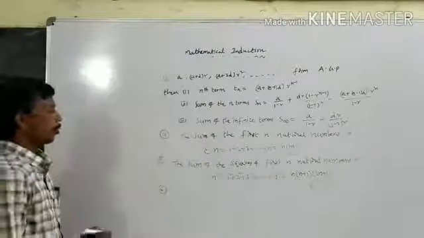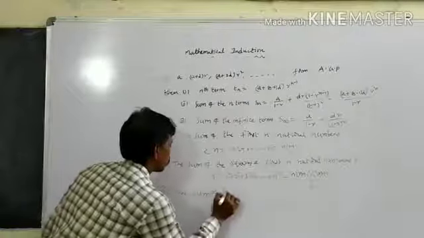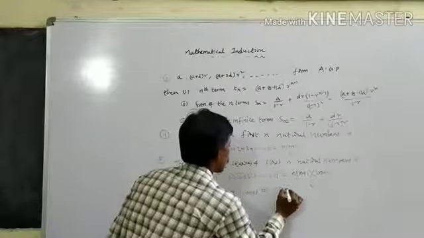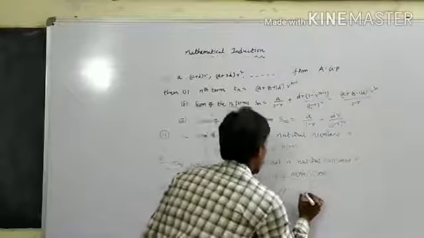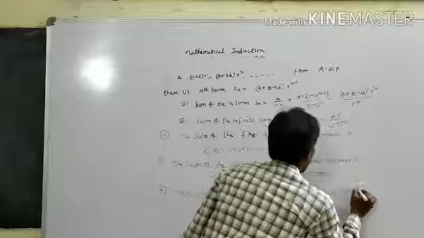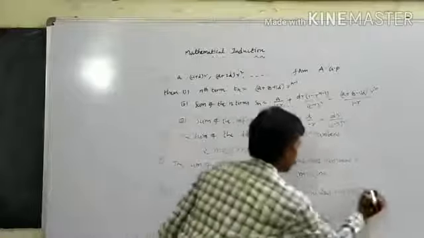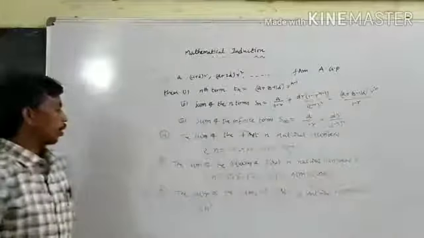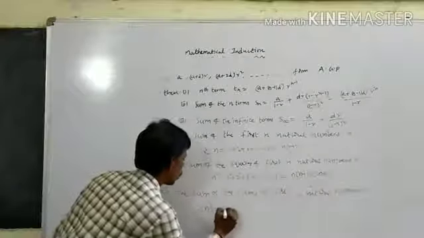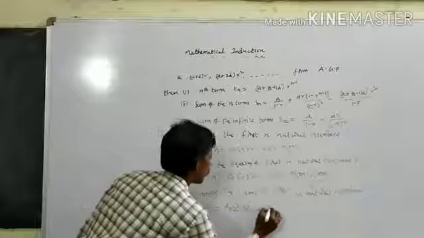This one, the sum of the cubes of the first n natural numbers, sigma n cube, equals 1 cube plus 2 cube plus 3 cube and so on plus n cube.